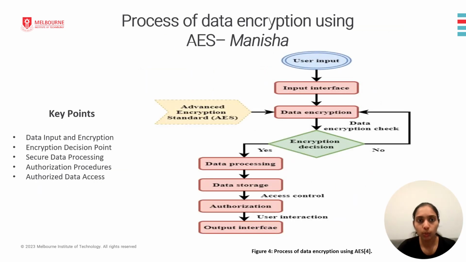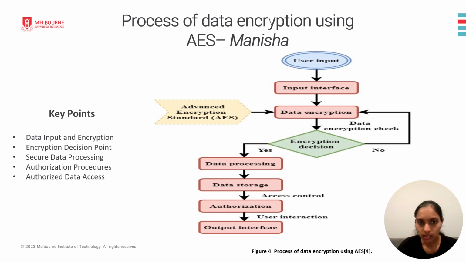Hi everyone, this is my design approach, which explains the process of data encryption using AES standards. The user starts by entering the data into the system. This information is then protected using a special security method called AES, Advanced Encryption Standard. The system makes sure this security works well and keeps checking to ensure the information is safe and secure. If the system thinks more protection is needed, it adds even more security layers.